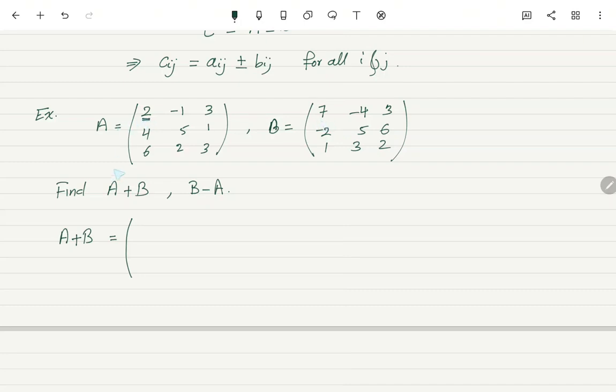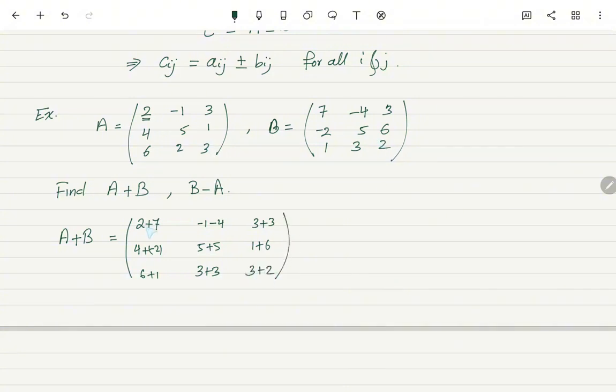So in this case, A plus B equals 2 plus 7. This is the first term. Minus 1 minus 4. 3 plus 3. 4 plus minus 2. 5 plus 5. 1 plus 6. 6 plus 1. 2 plus 3. 3 plus 2.